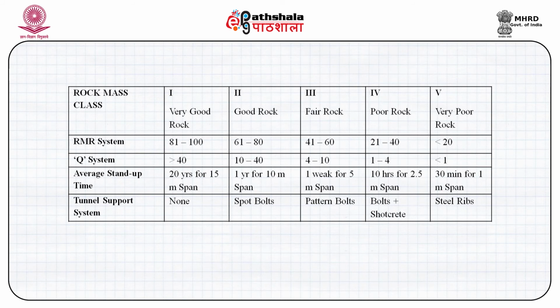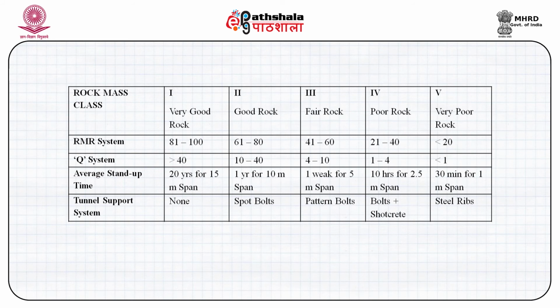And the last class, class 5, very poor rock mass, where the RMR value is less than 20 and the Q value is less than 1, even a 1-meter span is going to fall within 30 minutes. So this is the poorest rock mass condition in which we can construct tunnels, and there we have to install steel ribs, and that too at very close spacing.